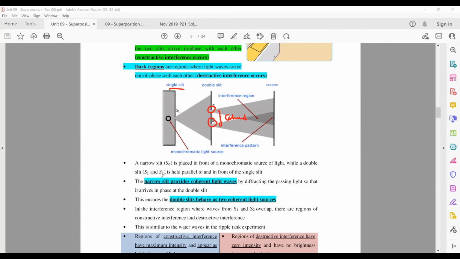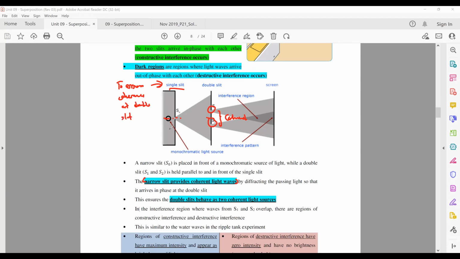The single slit here ensures that whatever light you shine to the double slit is coherent. The narrow slit provides coherent light waves by diffracting passing light so they arrive in phase at the double slit. And the single slit is to ensure coherence at the double slit.